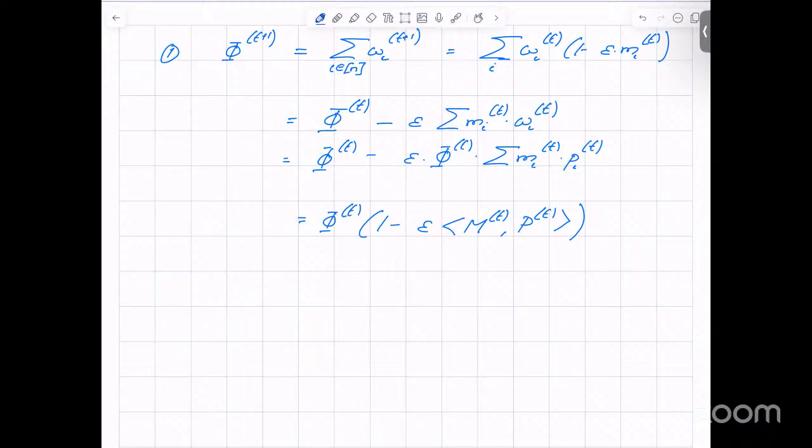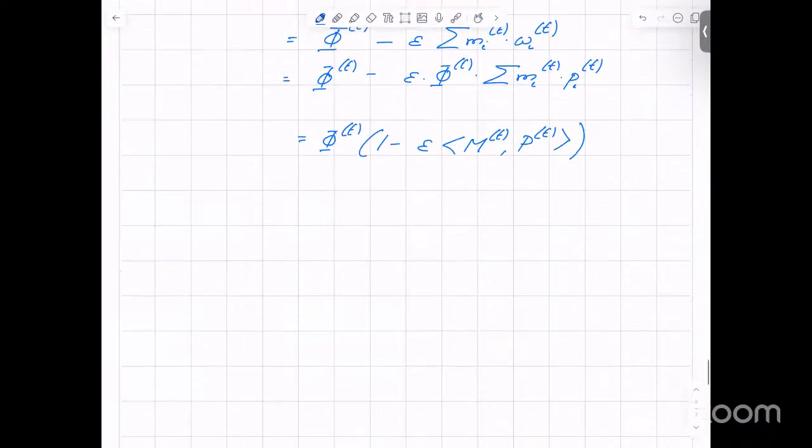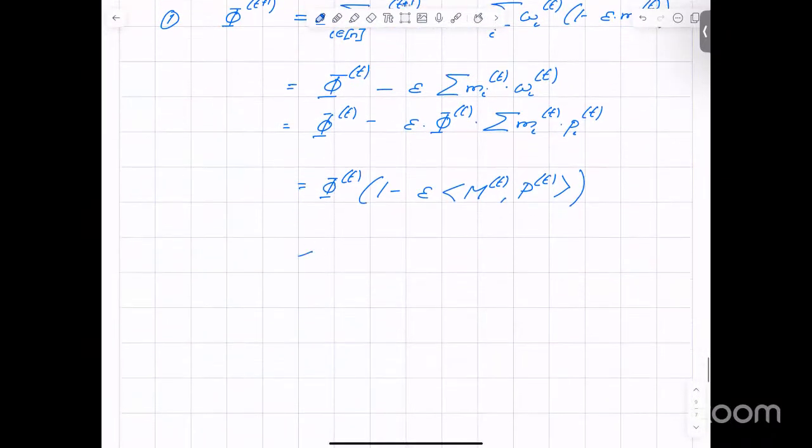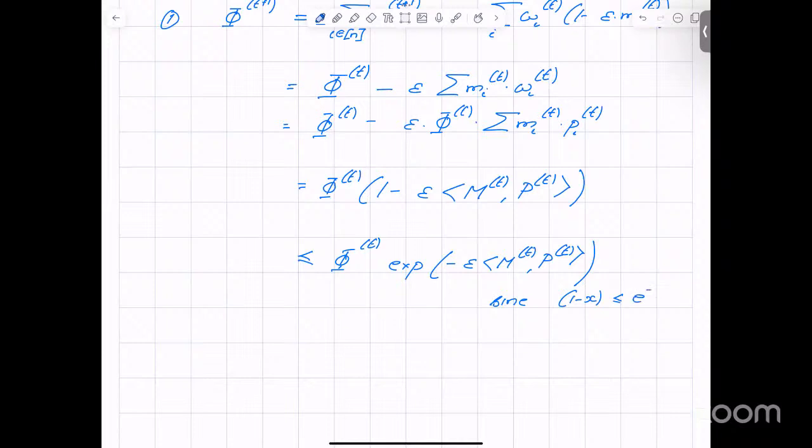It'd be nice to work with this factor. So what I'm going to now say is that this is actually less than or equal to phi_t times exponential of minus epsilon m^t p^t, since 1 minus x is always less than or equal to e to the power minus x.